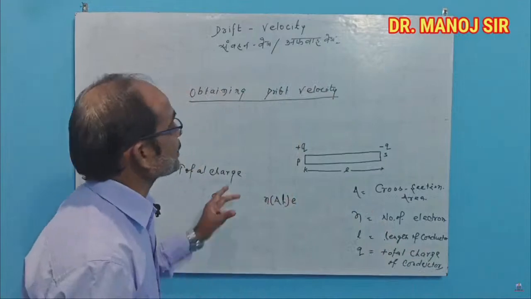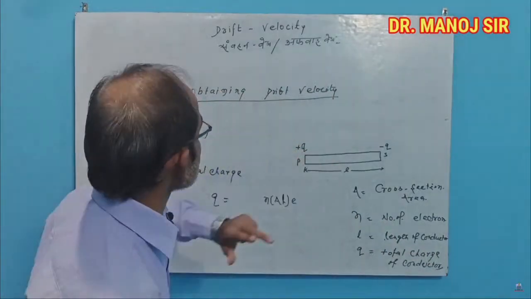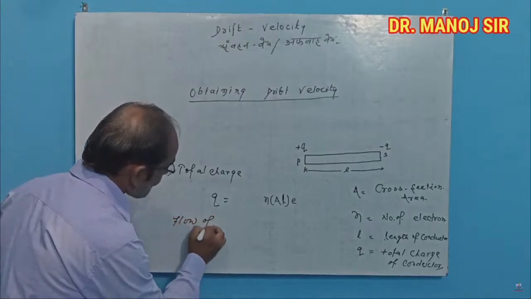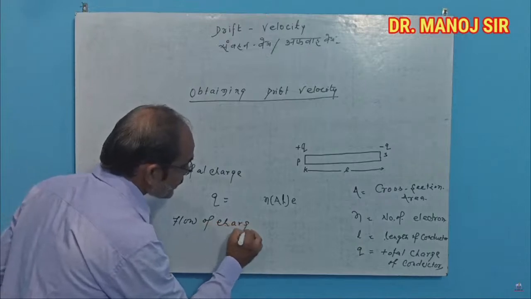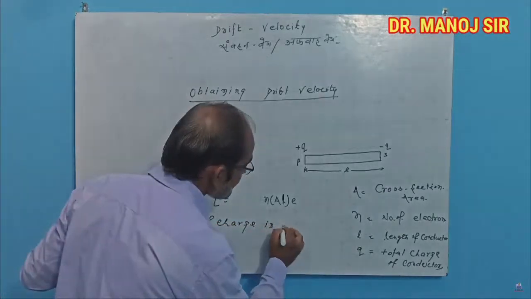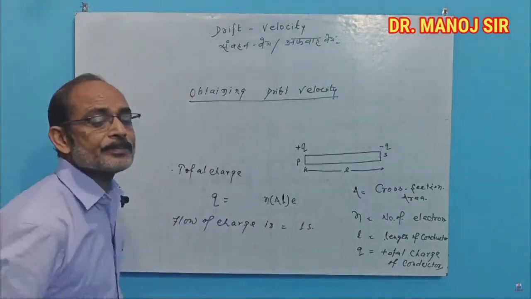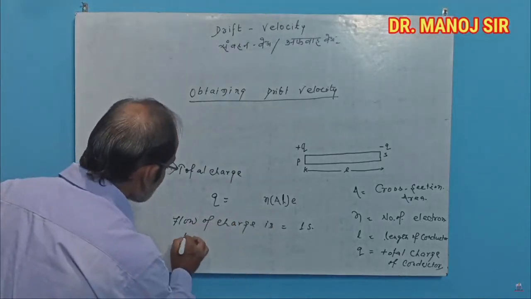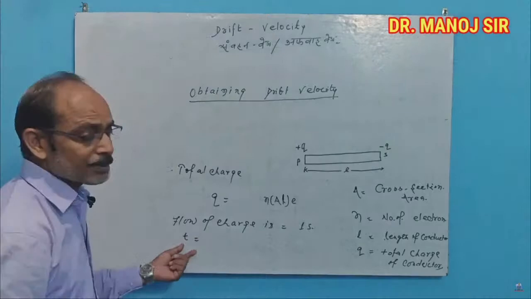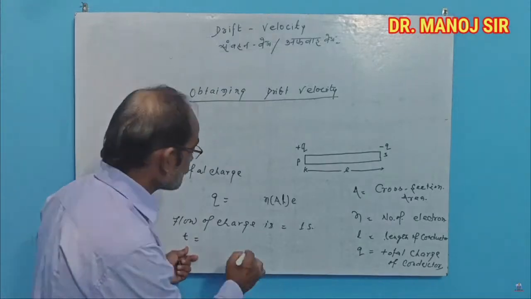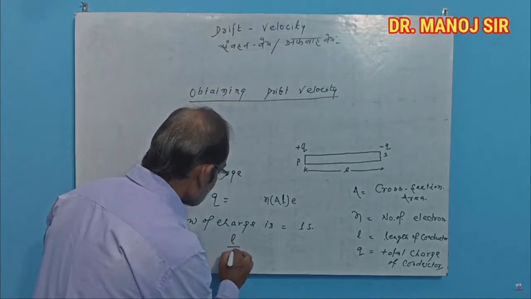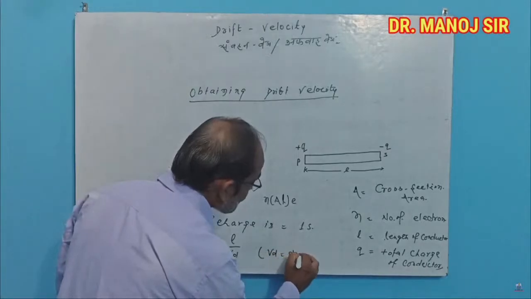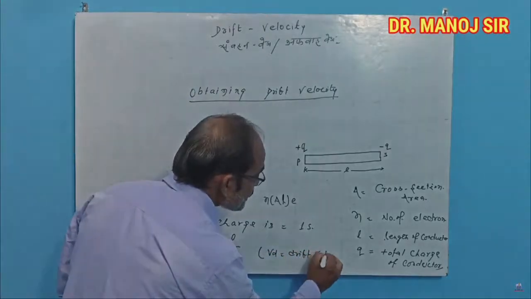If flow of charge in a conductor is in 1 second, then T, that is the time period, T equal to L upon Vd, where Vd equal to drift velocity.